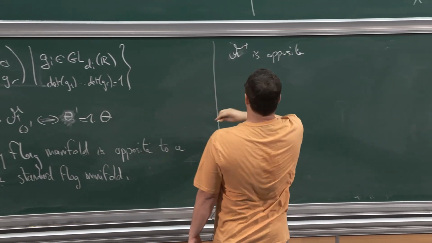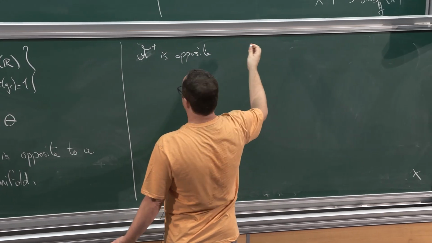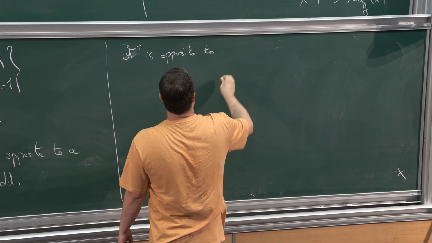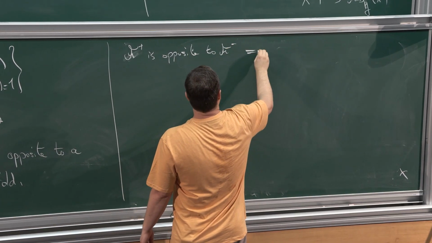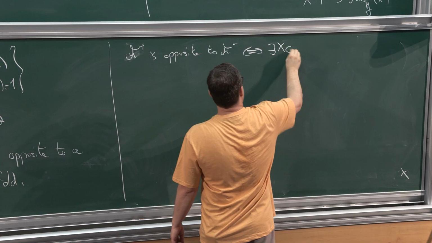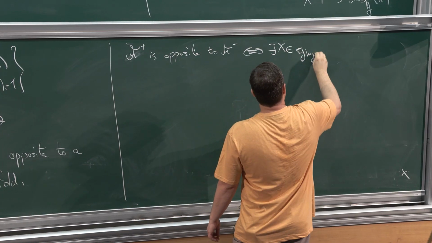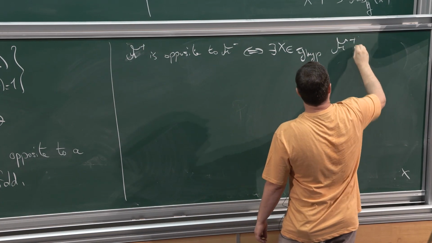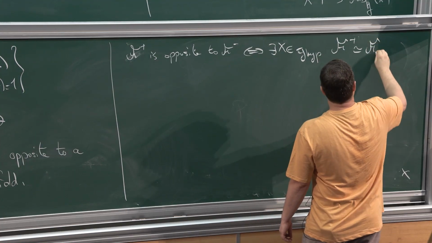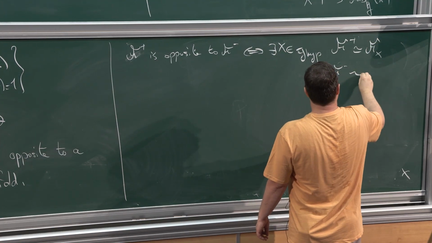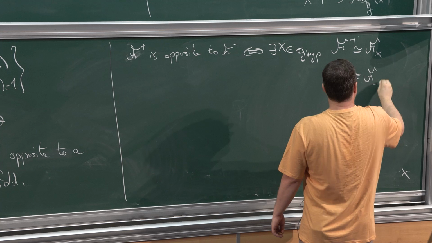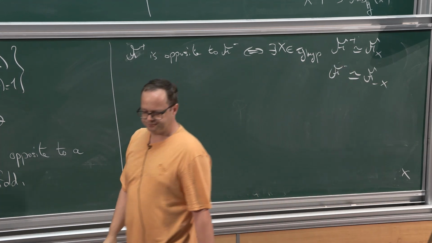I mean, this is almost the definition, right? It is the definition. It is equivalent to there exists some hyperbolic element x with f plus isomorphic to fx and f minus isomorphic to f minus x.